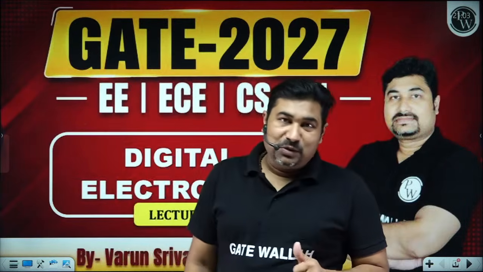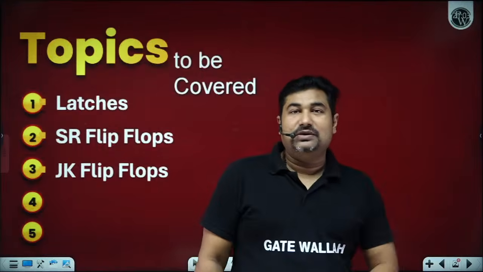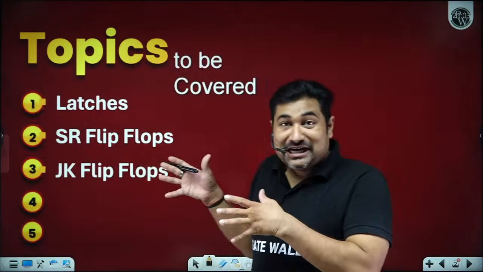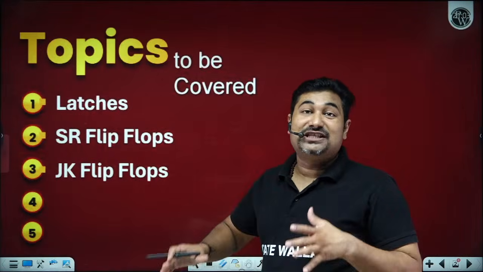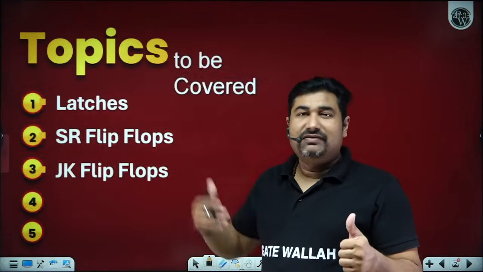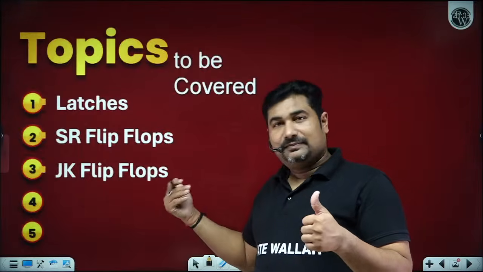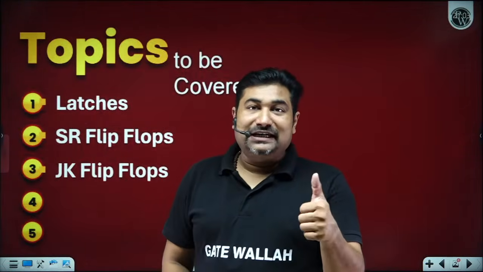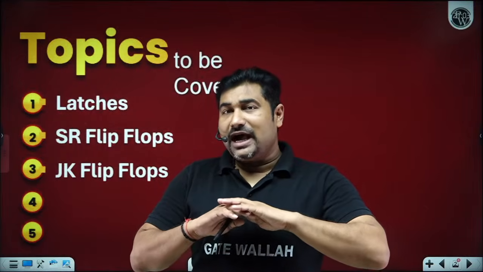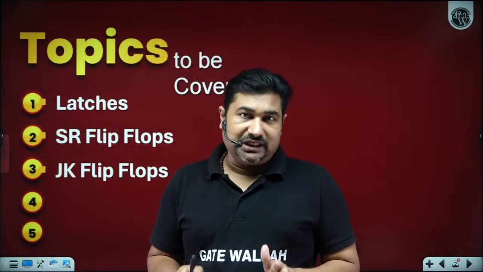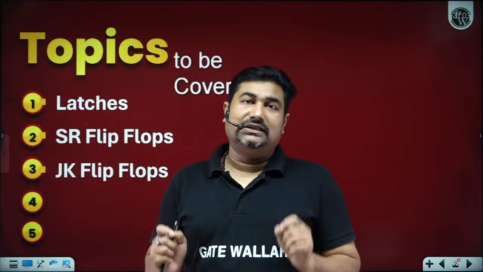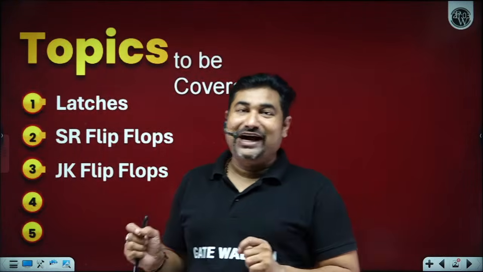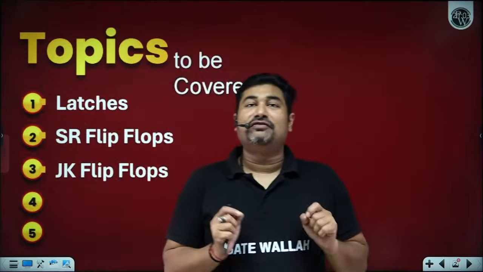There is one thumb rule. If you follow that thumb rule, you can solve any question based on sequential circuits. So before starting sequential circuits, I am giving you that thumb rule. We will see it in the upcoming lecture. But what is that thumb rule? Whenever you have to solve any question from sequential circuits, just do one thing. Before applying the clock pulse, first find the input to the flip-flops.